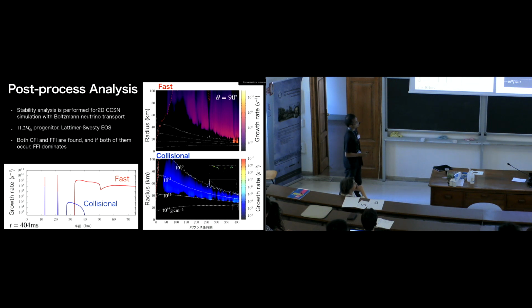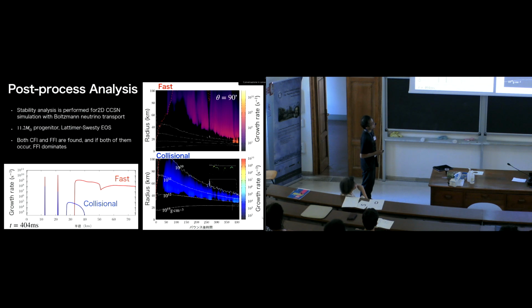And also this color map shows how the instability positions are distributed in time and radius. Basically, this horizontal axis means the time after bounce, and this vertical axis means the radius.